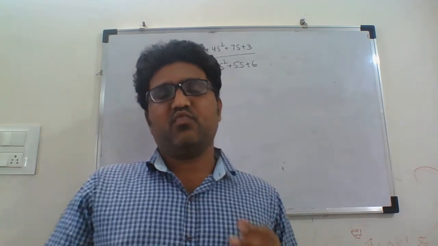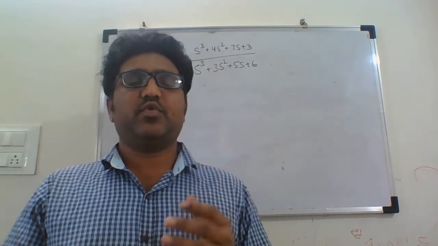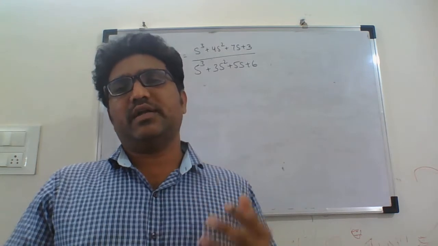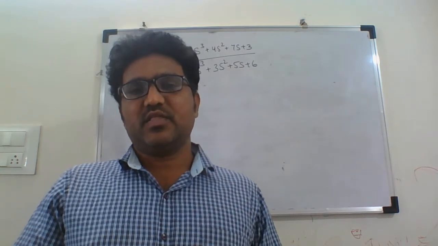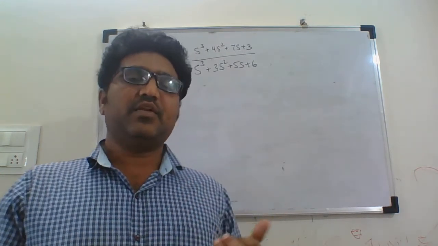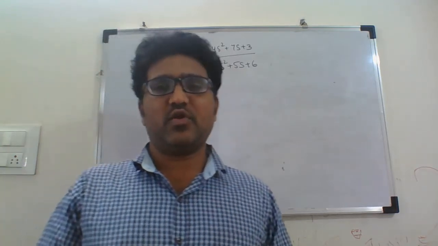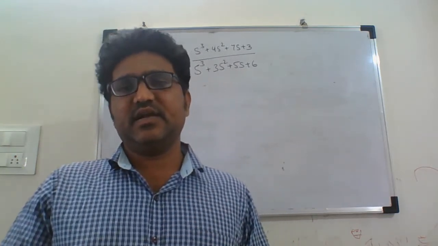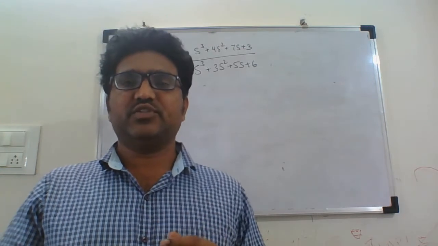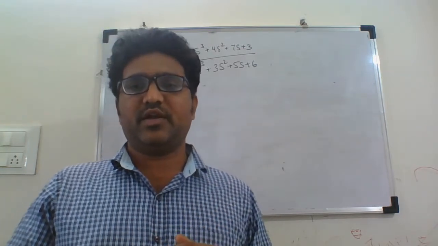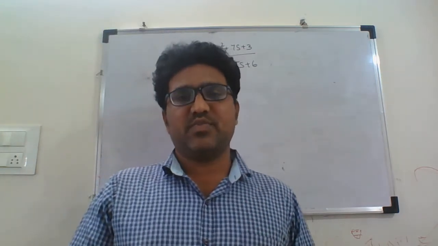So we discussed when we can call a network function a positive real function. It has to satisfy three conditions. The first condition is that the denominator of the network function should be a Hurwitz polynomial. The second says that all the coefficients of the network function, both in numerator and denominator, must be positive.